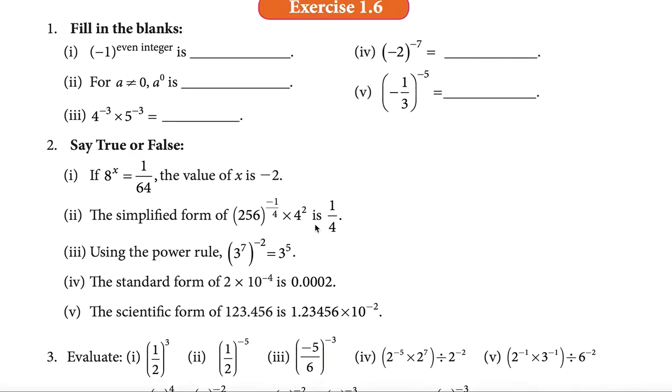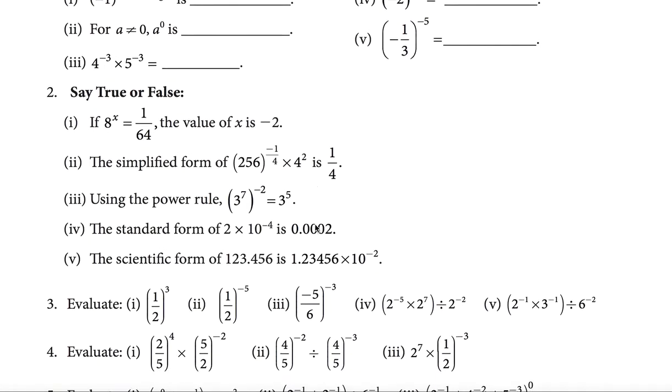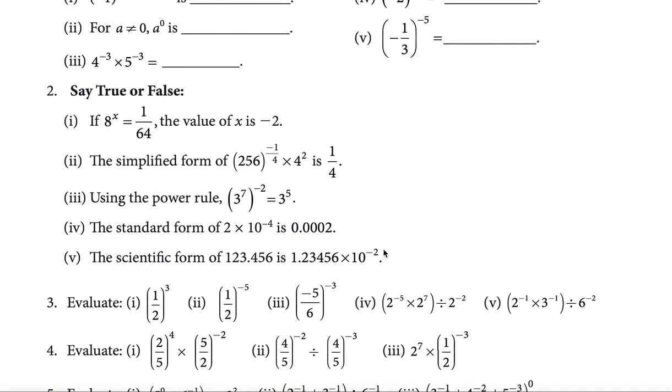Using the power rule, a power m whole power n is nothing but a power m into n. So that is not correct. The standard form of 2 into 10 to the power minus 4 is correct. True only. The scientific form, correct only. This is 10 square, not 10 to the power minus 2.